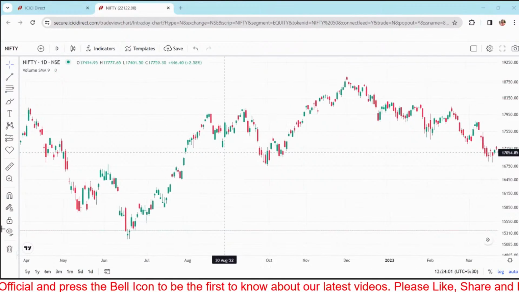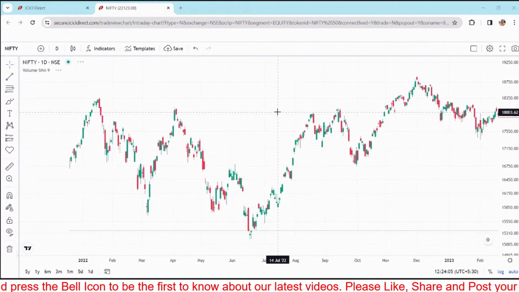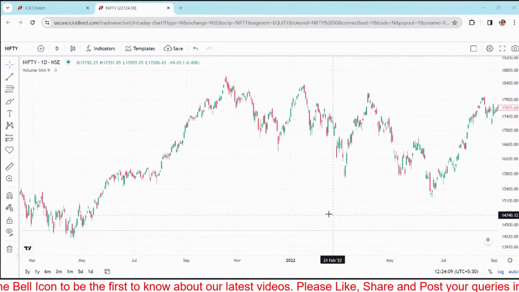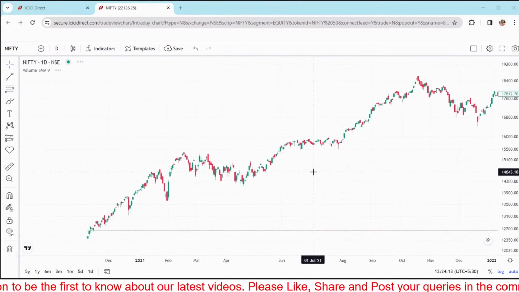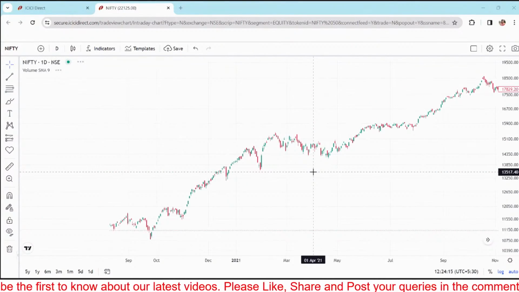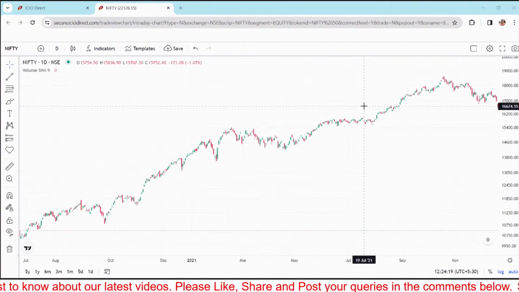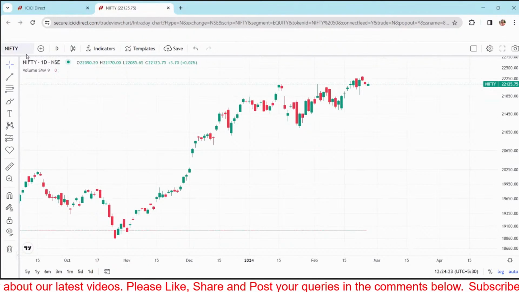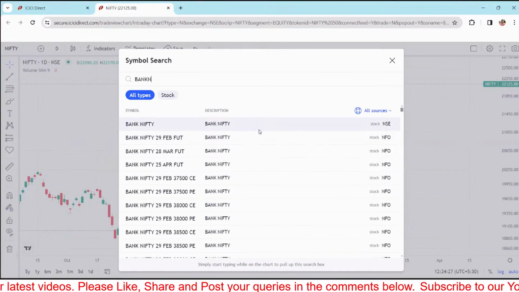Right now we can't find any bullish Harami pattern in Nifty in the daily time frame. So we'll see in some other, because in the daily time frame there is no bullish Harami. So I'm moving on to some other index. Let's move to Bank Nifty.